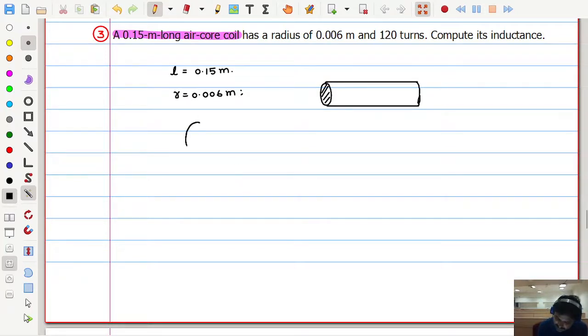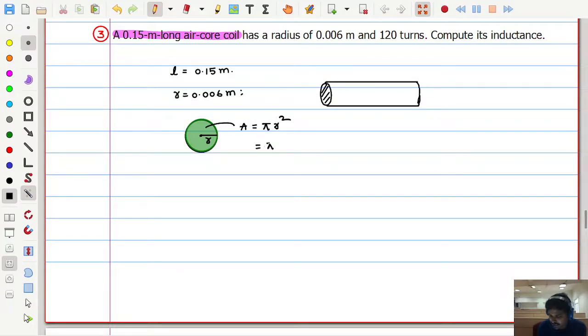If you take a circular shape like this, this is the area of cross section. How do we find it? The radius r is given for us. So can we find the area of cross section? Like this, pi r square.